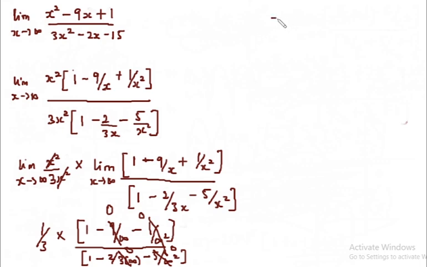So what I really have is 1 over 3 times 1 over 1, which is still 1 over 3.